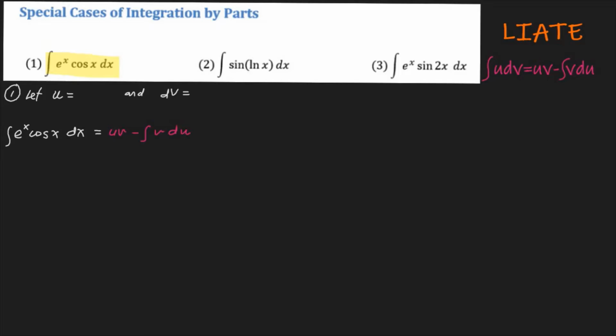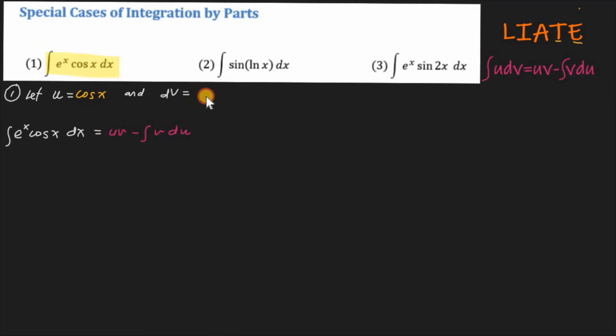Alright, if you are to use integration by parts, you need to recognize what will be the appropriate u and dv. Okay, first start. Here we have exponent and we have trigonometry cosine. Between trigonometry and exponent, the trigonometry comes first, so meaning the appropriate u would be your trigonometry.